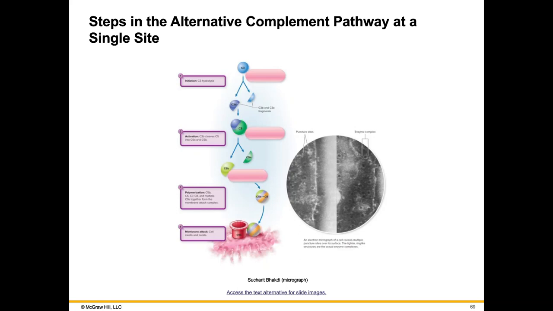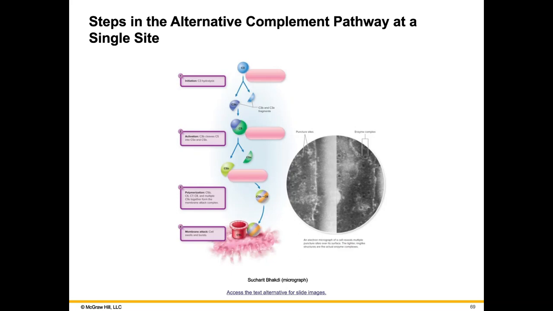For example, C3 here, you can see it is hydrolyzed, broken down to C3A and C3B. C3B binds to C5. That causes C5 to break down into C5A and C5B. And then we have C5B that will bind to C6, 7, and 8, I believe it was, to form the MAC attack. And so some of you, especially my biology students, I hope you're thinking biological pathway.